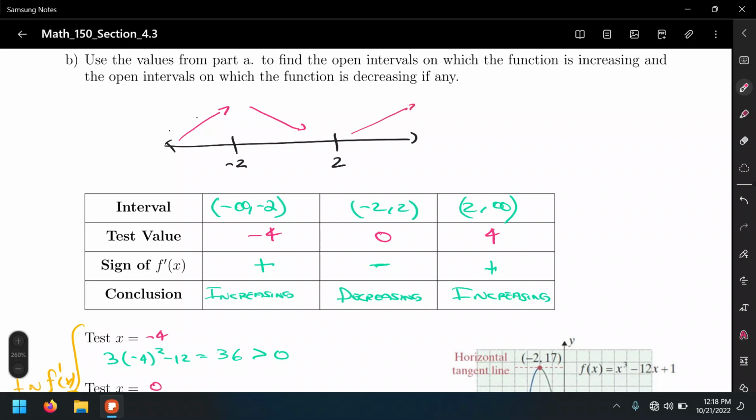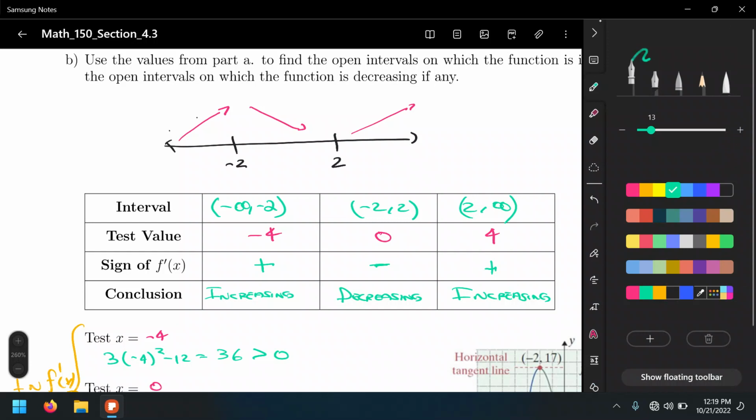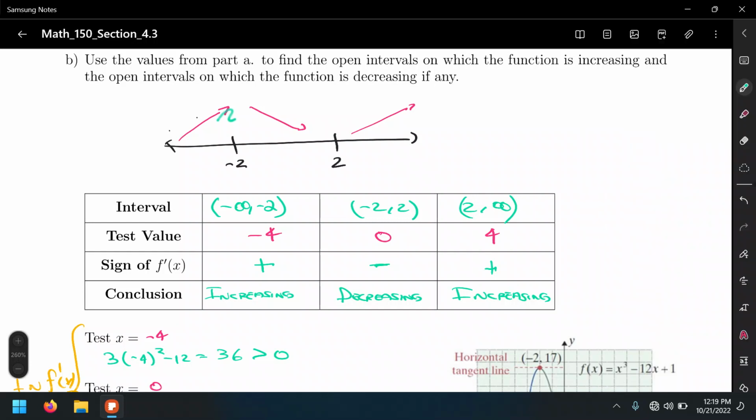We're going to use that number line to look at the behavior of the function in this case. Notice how it goes from increasing to decreasing, and then from decreasing to increasing.